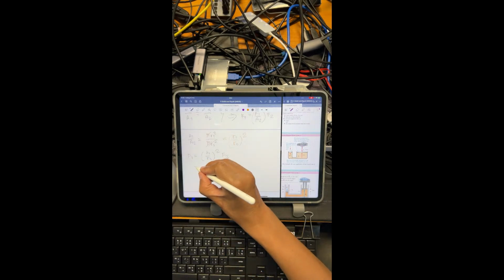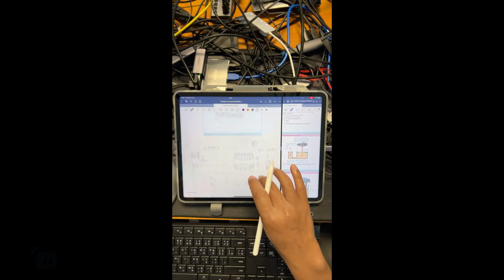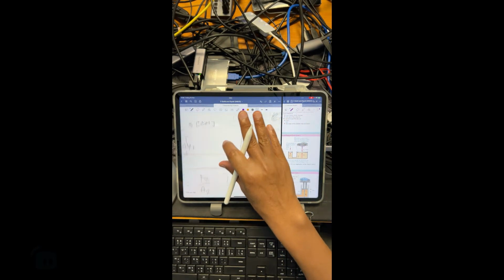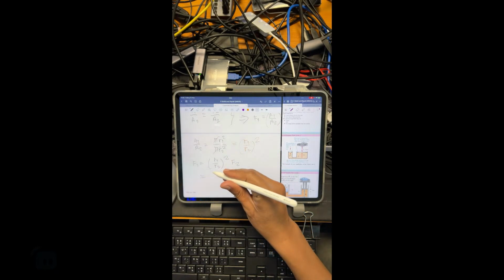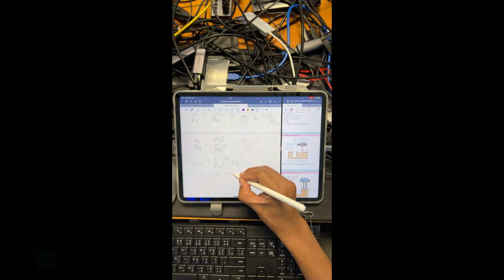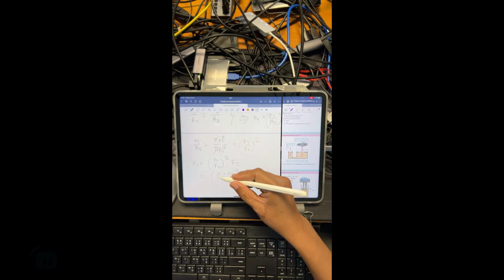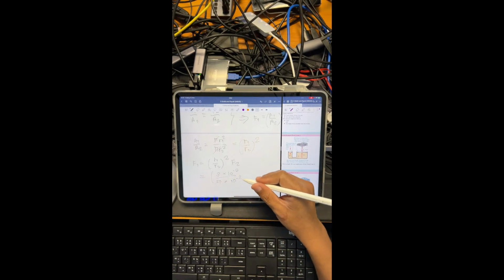R1 is the radius of the smaller piston, which is 5 centimeter, and the bigger piston has a radius of 20 centimeter. So here we have 5 centimeter, which is multiplication by 10 to the negative 2, and R2 is the radius of the bigger piston, which is 20 times 10 to the negative 2, on the same scale, centimeter.